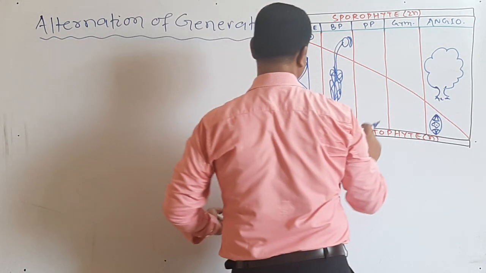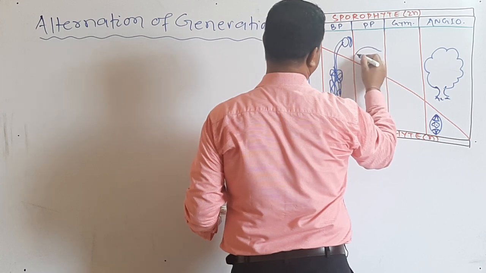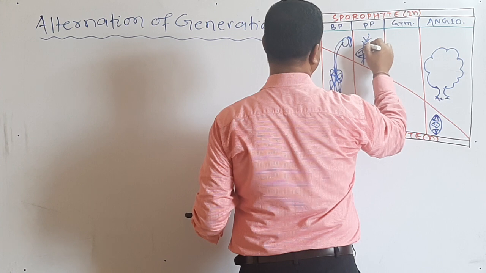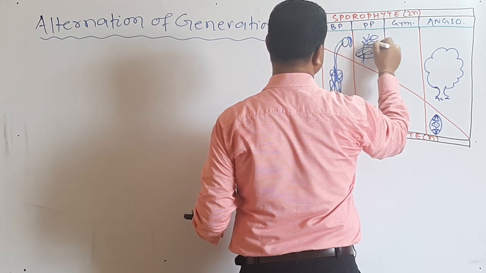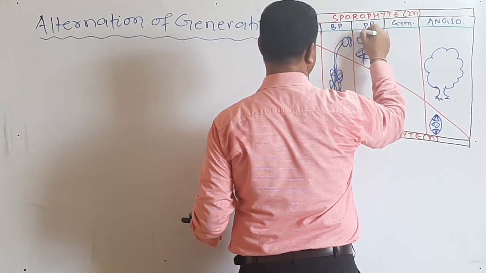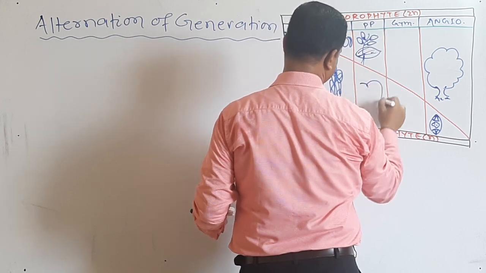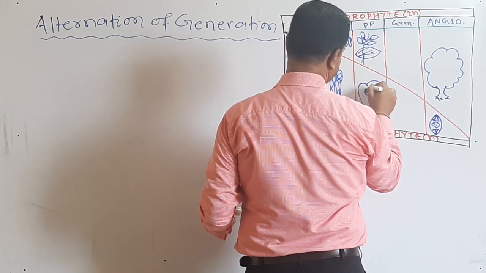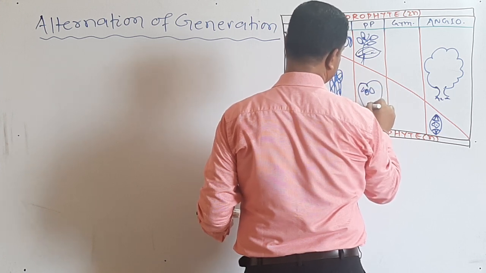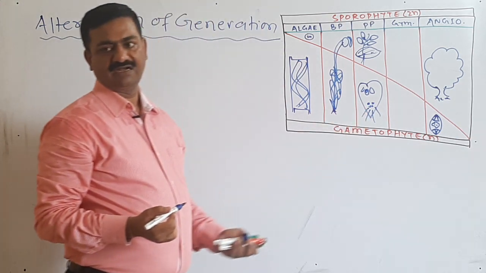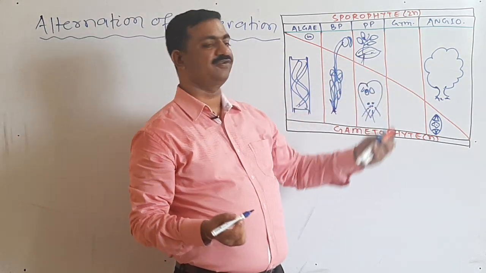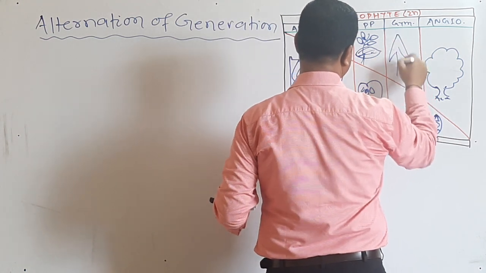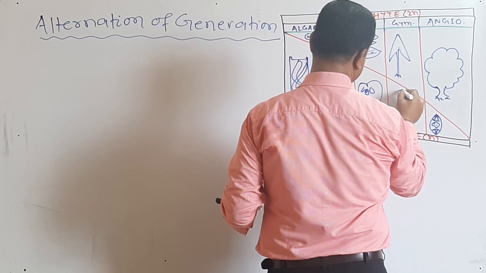Now, remember, when you are talking about fern, this form is, say, the homosporous pteridophytes. The majority of pteridophytes are homosporous. So what are you finding here? You'll find this is the gametophytic and this is the sporophytic structure. And see, pines.